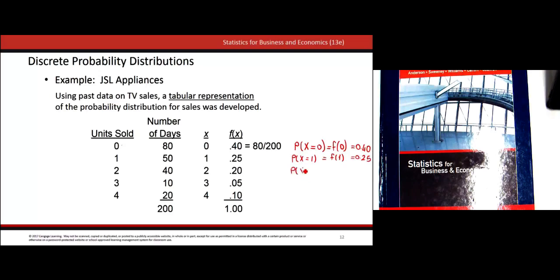What's the probability of selling 2 televisions? What's the probability of selling 3 televisions? What's the probability of selling 4 televisions in any given day? 0.1.